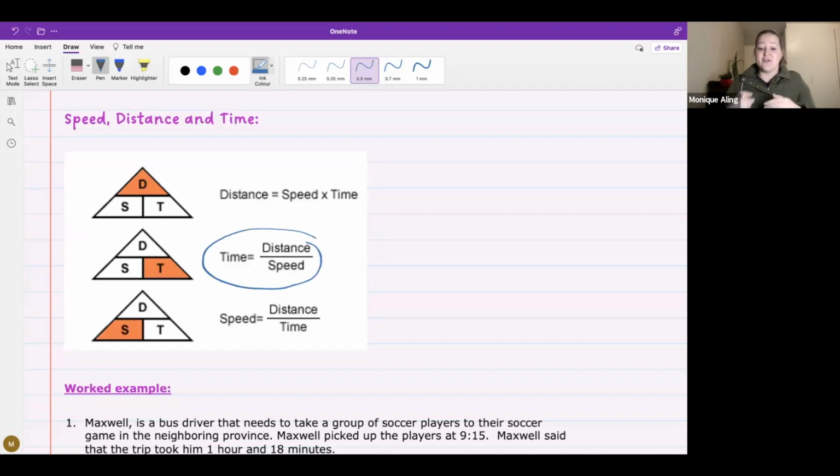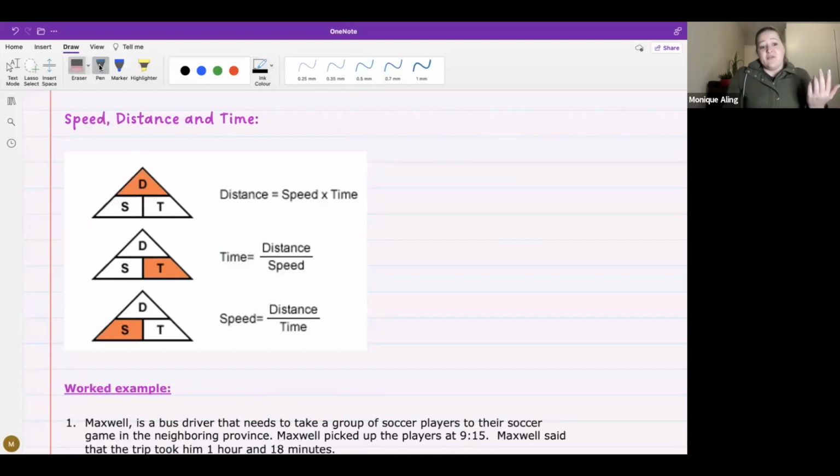So you need to either know how to manipulate the formula so that you can work out distance, or you must just know these formulas off by heart, because sometimes they can give you the incorrect one to try confuse you. So just keep that in mind, but the safe bet is just to know them off by heart.